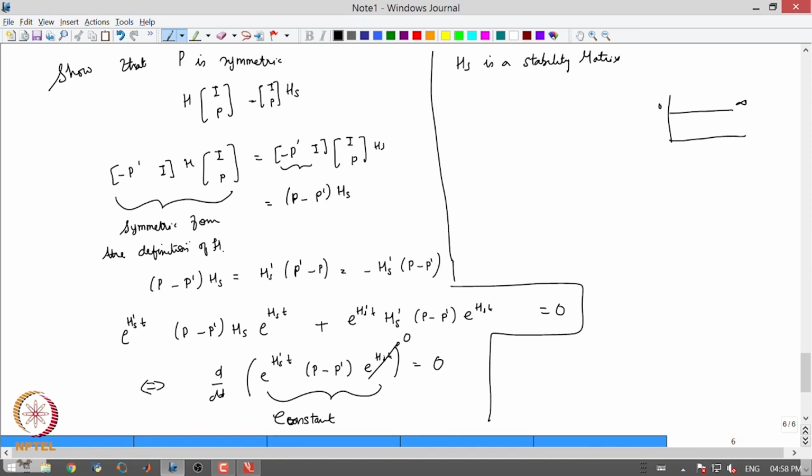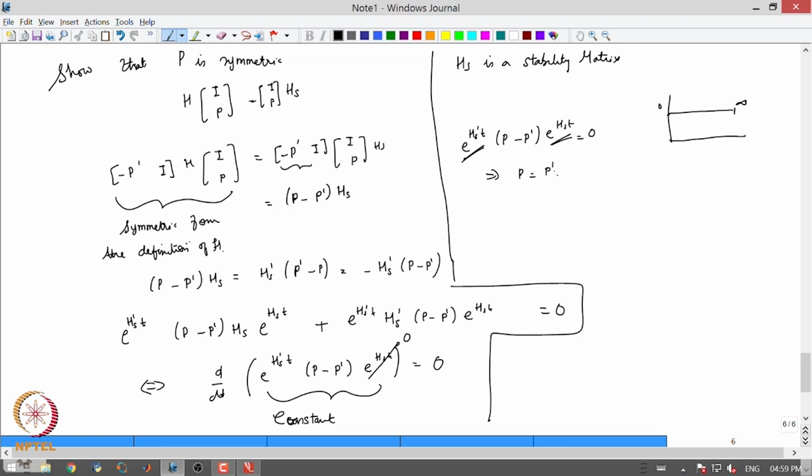So the value of this function should be 0 for all t. So you have that e power Hs transpose t, P minus P transpose, e power Hs t equals 0, because at infinity it is 0, it should also be 0 over here. Now, this is invertible, e power Hs t. So the only option left is for P to be symmetric.